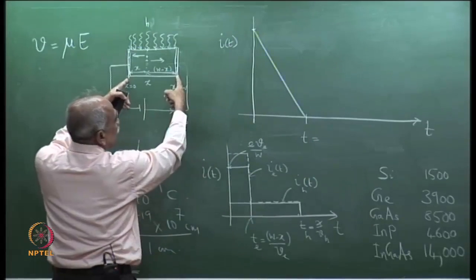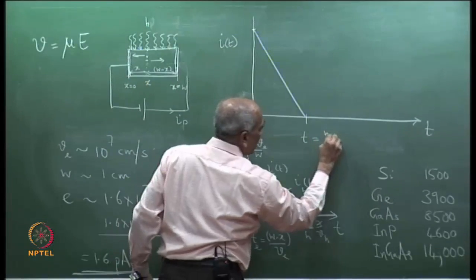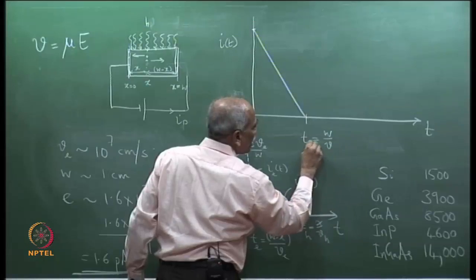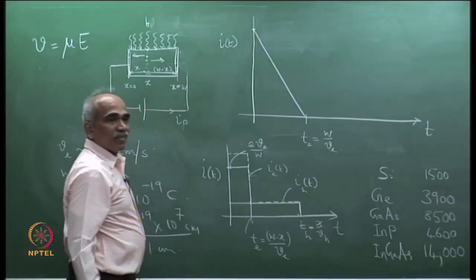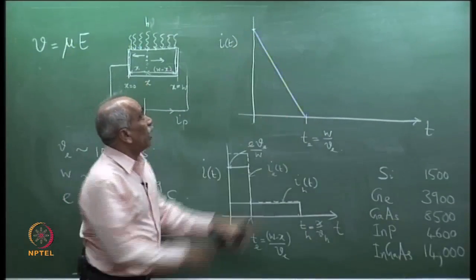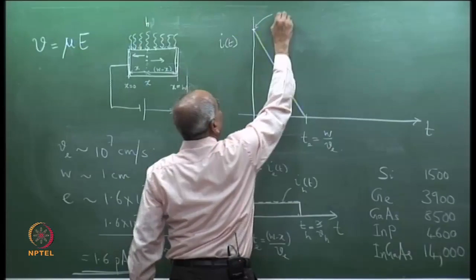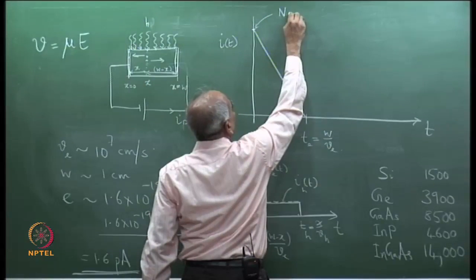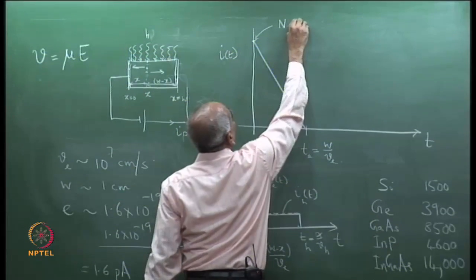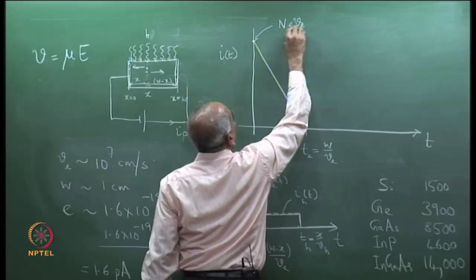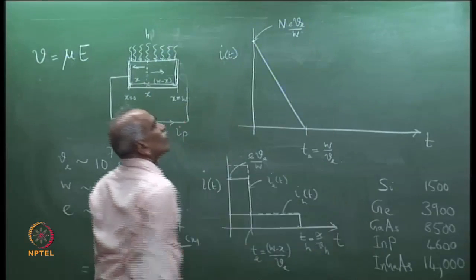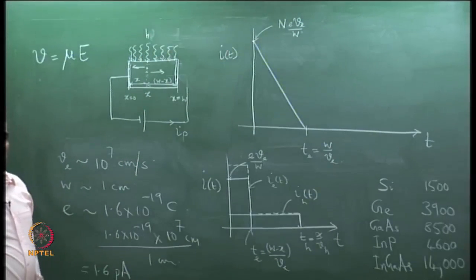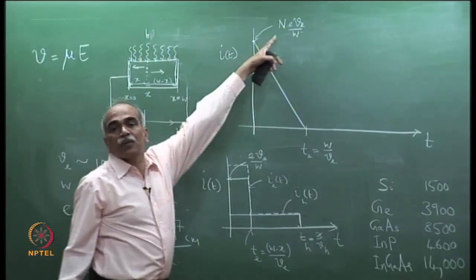It will be equal to W divided by V_e. So, this is T. The current is continuously dropping, and what is the value here? N times e V_e divided by W, because there were n electron hole pairs created.